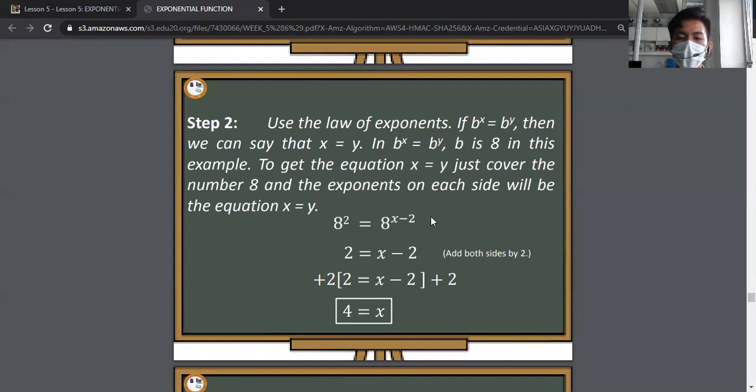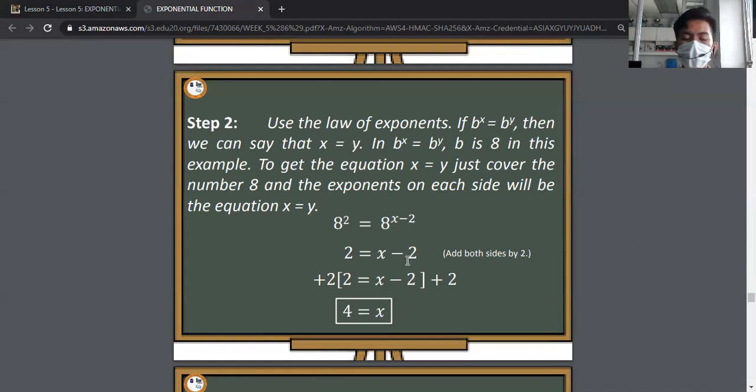So tulad ng sabi ko kanina, parehas na po yung base po natin. So our equation will be 8 squared is equal to 8 raised to x minus 2. Dahil po parehas na po yung base po natin, tatanggalin na po natin yung base po natin. Matitira na lang po yung exponent po natin. So our exponent will be 2 is equal to x minus 2.